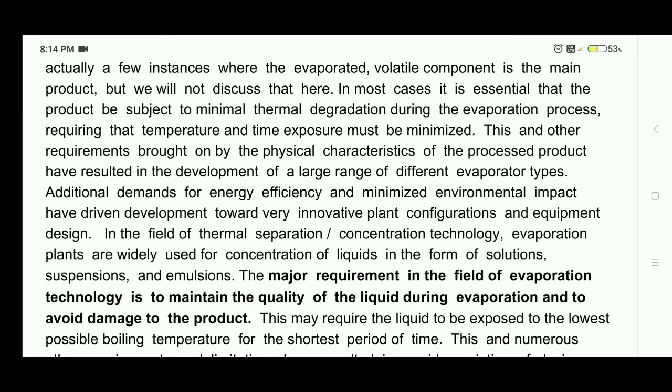In the field of thermal separation or concentration technology, evaporation plants are widely used for the concentration of liquids in the form of solution, suspension, and emulsion. The major requirement in the field of evaporation technology is to maintain the quality of the liquid during evaporation and to avoid damage to the product.